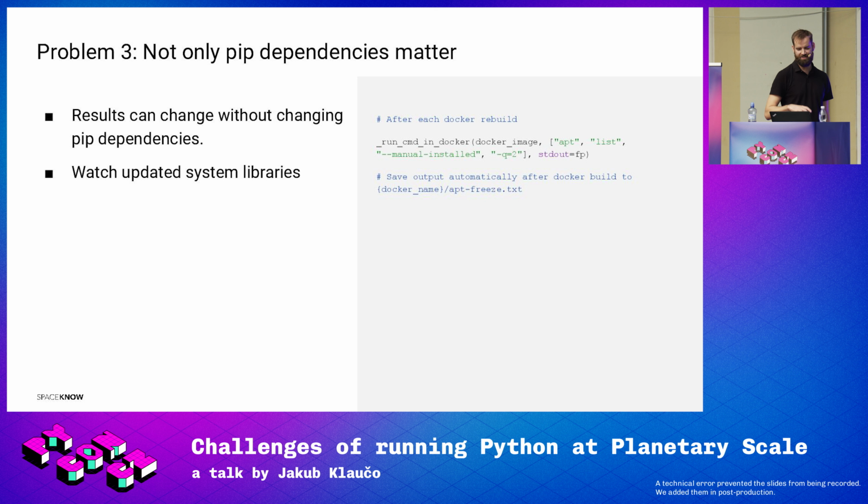When you're running precise calculations, a change in the system libraries can break the results even without changing your pip dependencies. One such example is if the BLAS library gets updated, it can change the floating points very slightly, and that adds up, and you can have a few pixels slightly different. So we need to be able to detect that too.